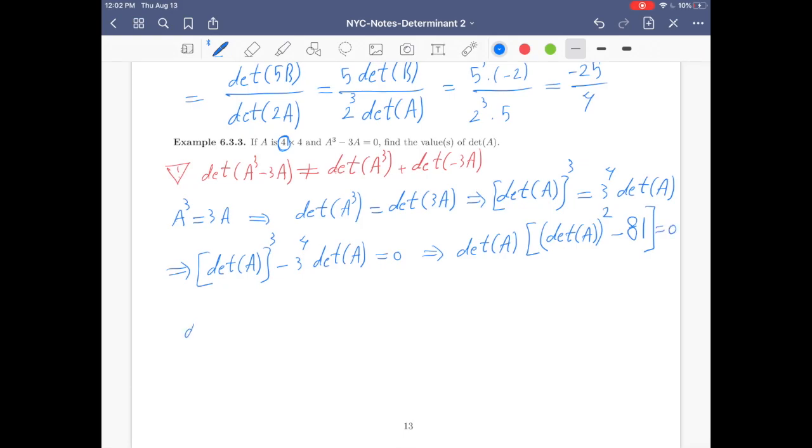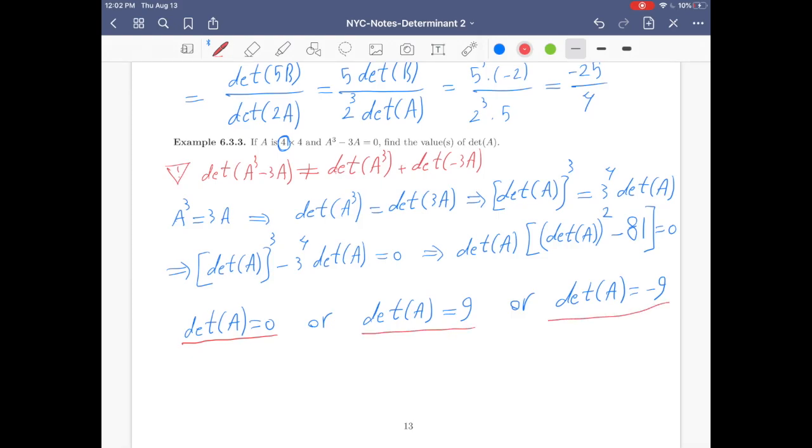Then we have either the determinant of A is 0, so we found one of the possibilities of the solution, or the determinant of A squared equals 81. That's why the determinant of A is 9, or the determinant of A is minus 9. So these are 3 answers for the determinant.